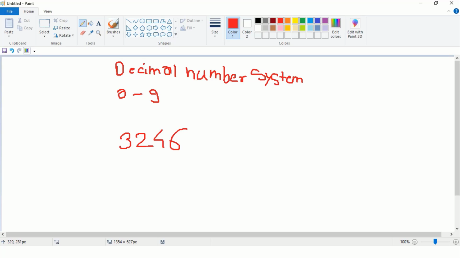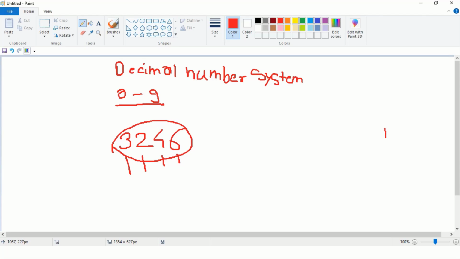If we observe this number, it has used numbers which come in the range of 0 to 9. So here 6 means what, 4 means what, 2 means what, 3 means what, that we need to understand. I will tell you how to calculate.